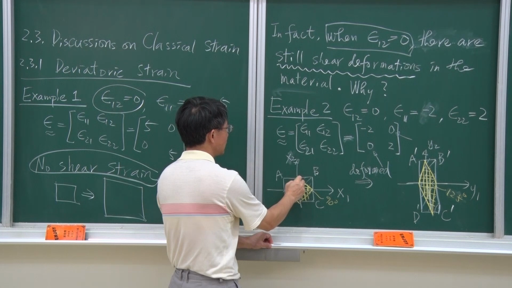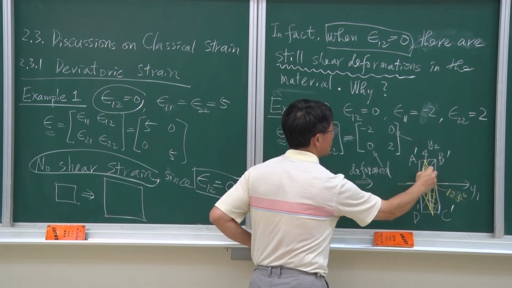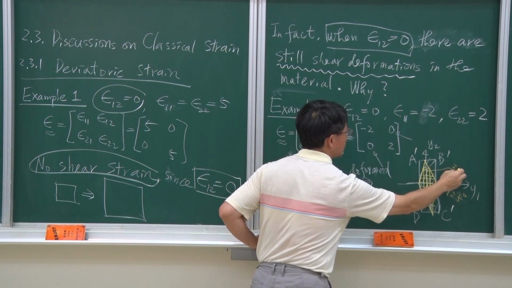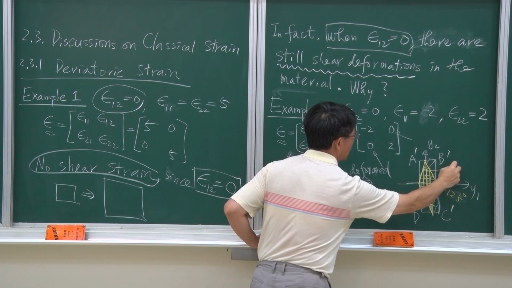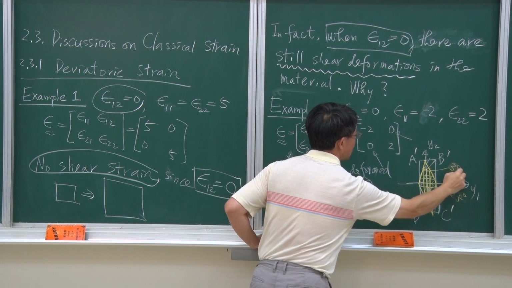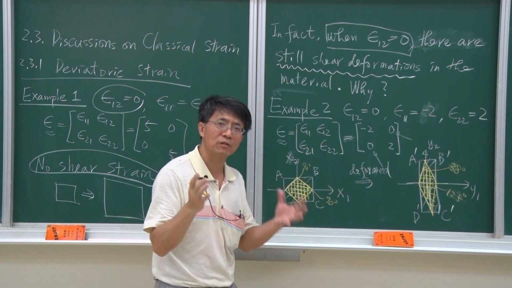Here we have 90 degrees, and we have already turned it into what? A small value of angle. Not on scale, I just want to give you a rough idea.